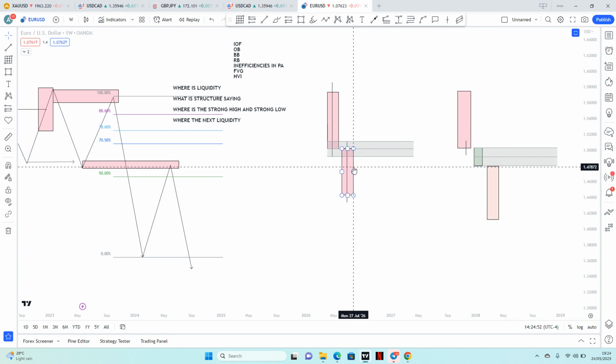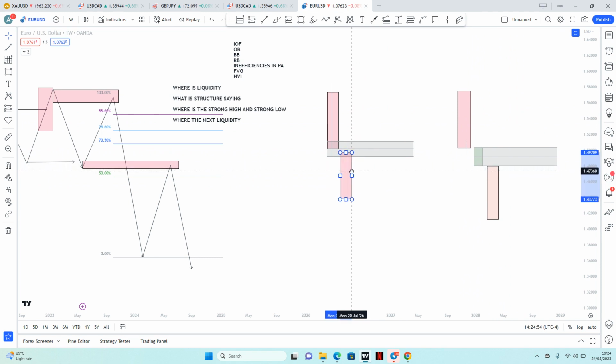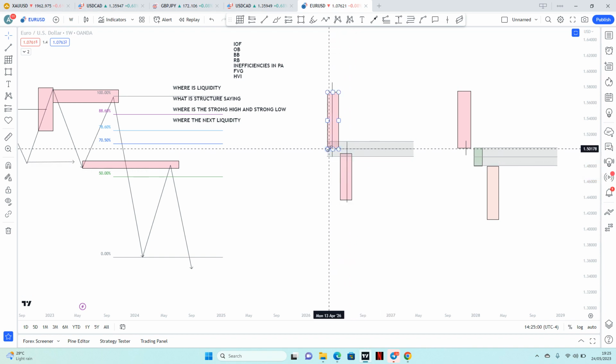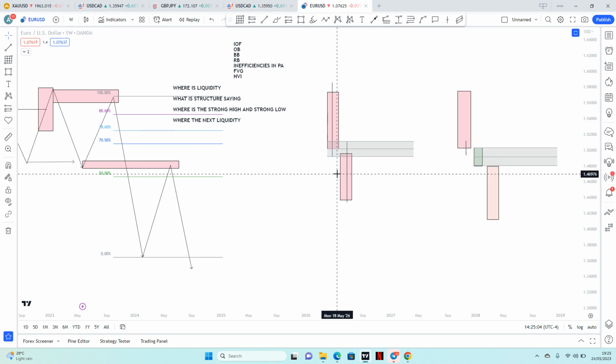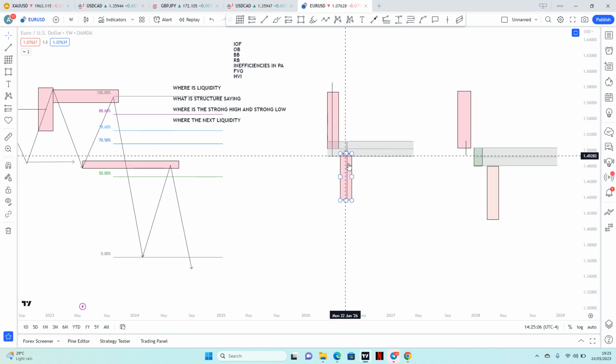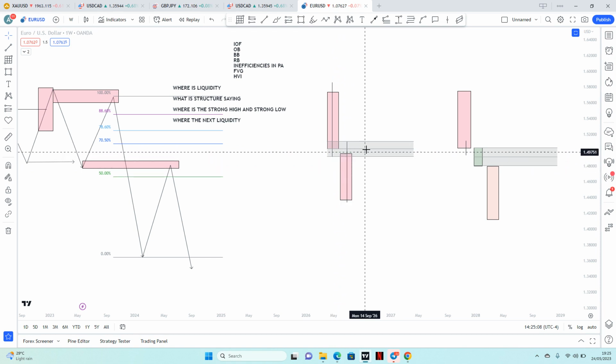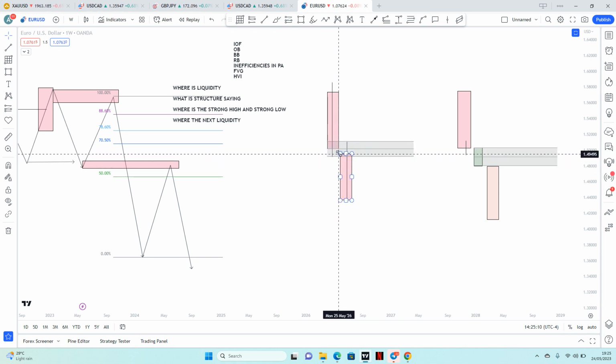And then the third form is when you have two impulsive bearish candles. When this one closed right here, that is where this one is supposed to open. But for some reason, this one opened with a gap. This gap right here is produced due to the volume that the market was moving with, the impulse.